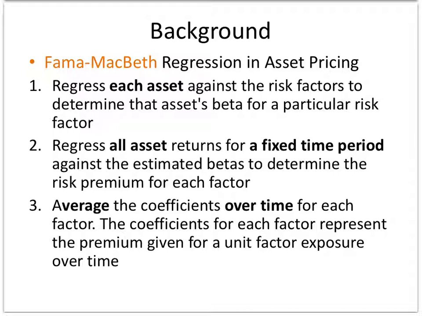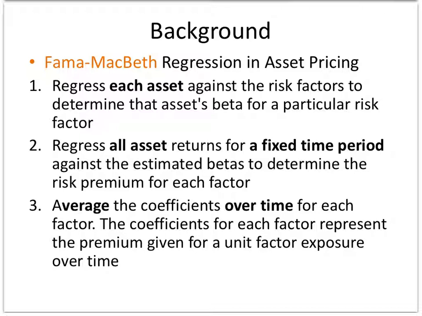The FM regression has been used to estimate the premium rewarded to a particular risk factor exposure by the market. Typically it's called a two-step regression, but here I summarize there are actually three steps.